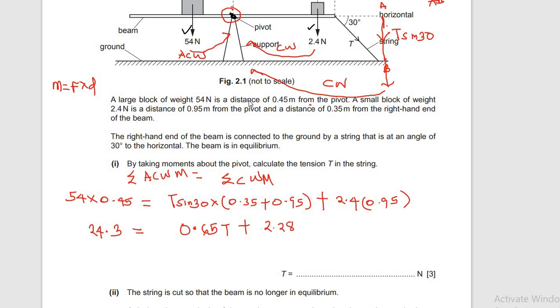Do your maths. So our T will be 24.3 minus 2.28 divided by 0.65. So we have our T to be 34 Newton. That will be the value of T. Now let's move to the next question.